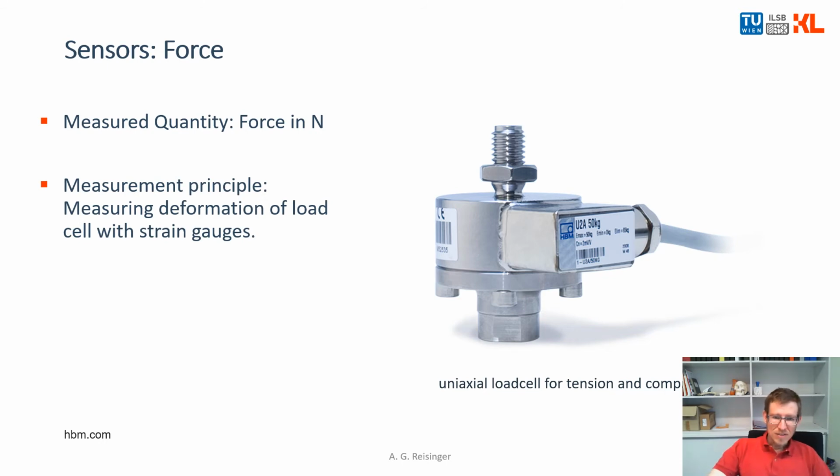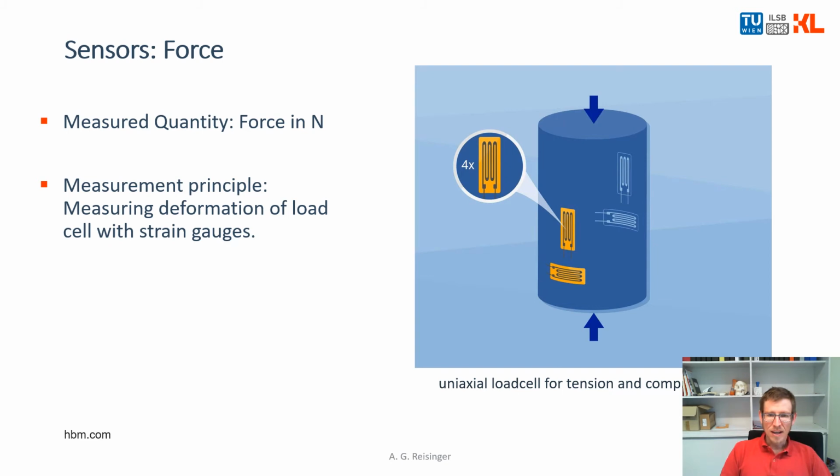So imagine this is a load cell. This is screwed onto our testing machine. You apply some load and you get a force output in your machine. But what is happening in reality is inside there is a piece of metal, so a rod. And on this rod, there are strain gauges glued that deform with this rod, right? But the material properties of this rod are known.